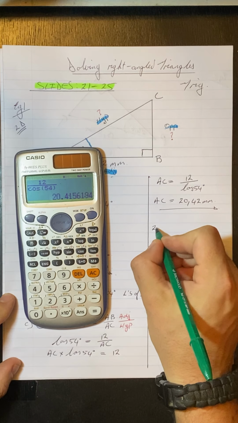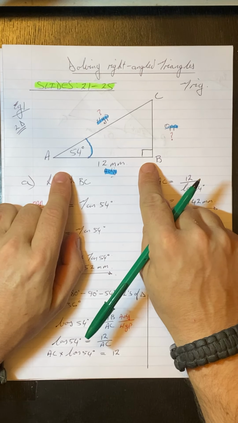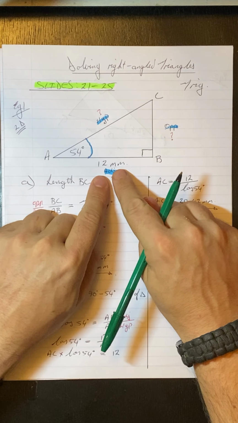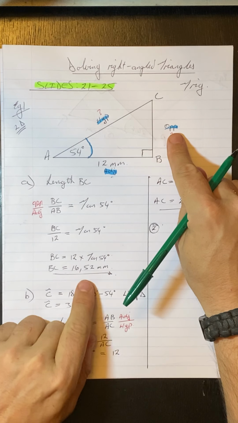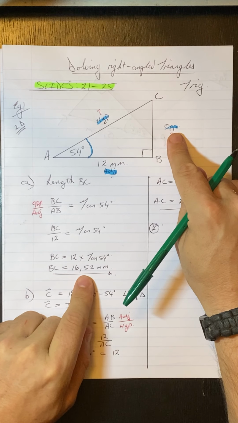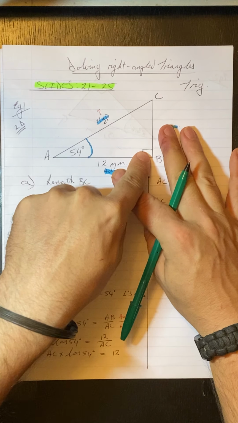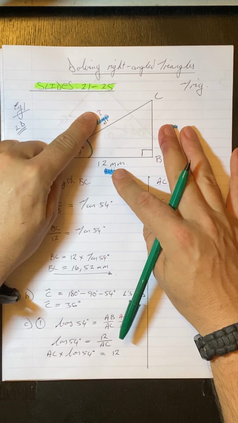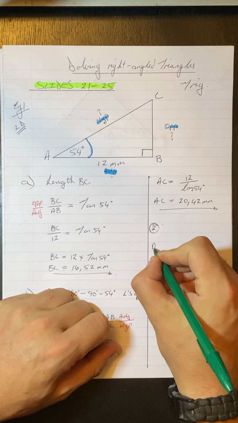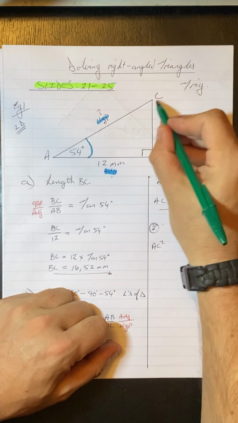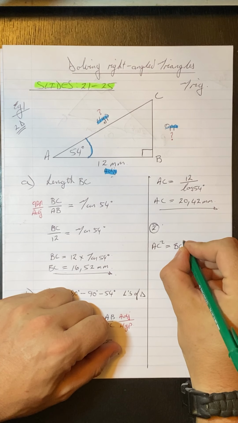If we look at the second way of doing it, we have a right angle triangle. We know two sides. We've got this 12 millimeter, and we've just worked out the BC from question A, which is 16.52. So we've got those two sides. In a 90-degree triangle, we can work out that side using Pythagoras. So Pythagoras would be AC squared, your hypotenuse squared, equals the sum of the other two sides squared.